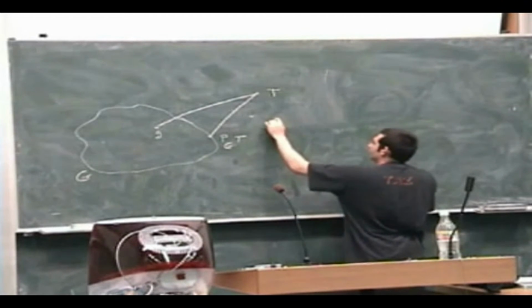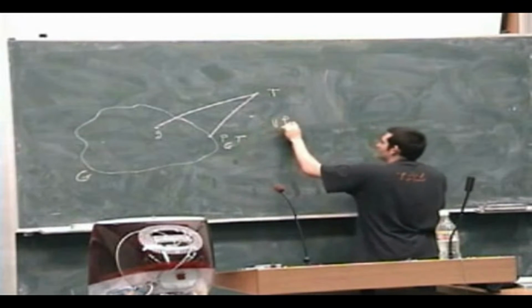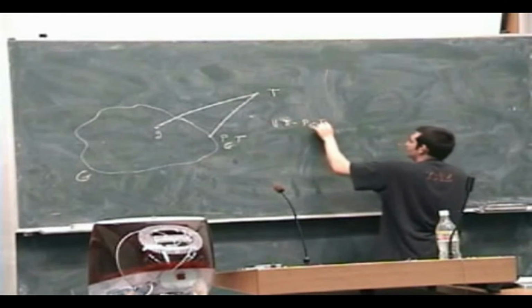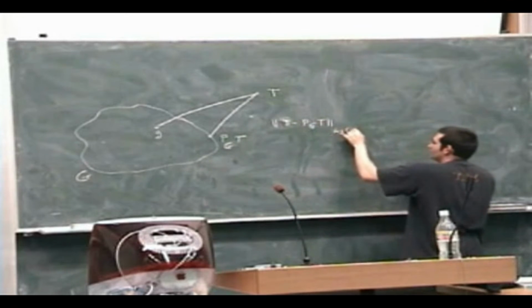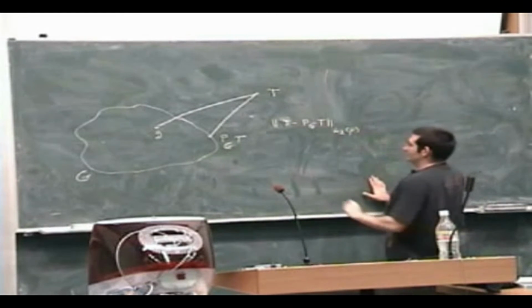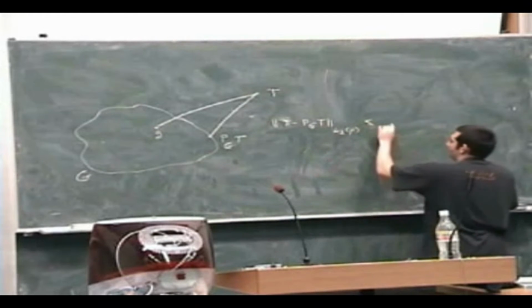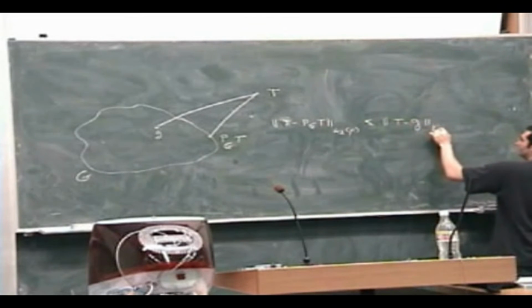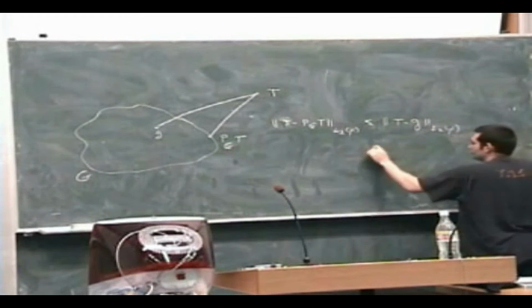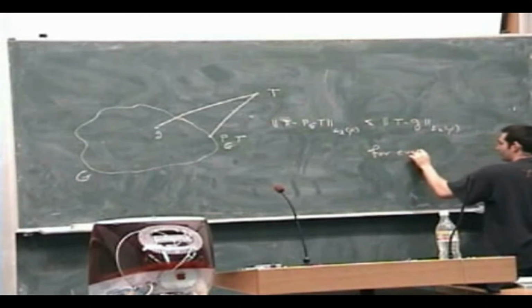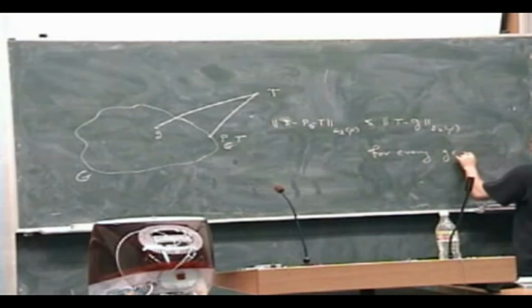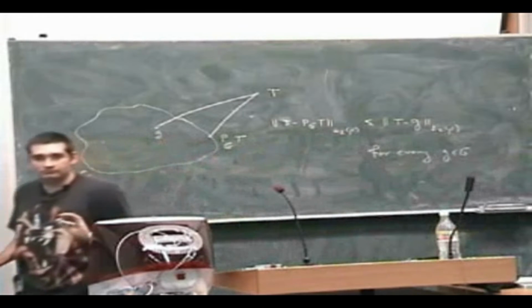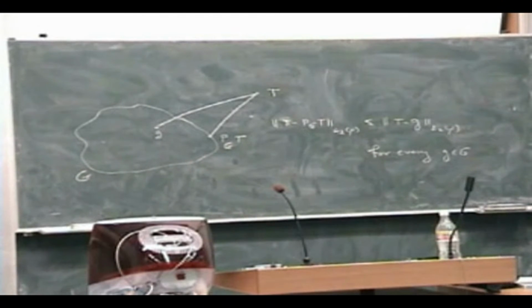Okay? So the data we have is a sample. And the sample is just a set, x_i, T(x_i), i between 1 and n.